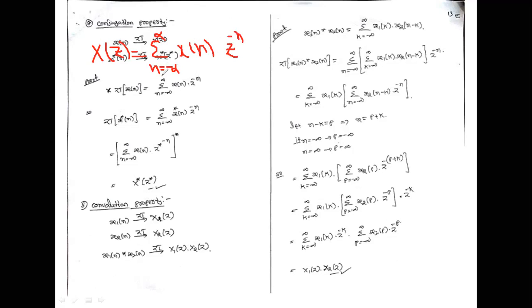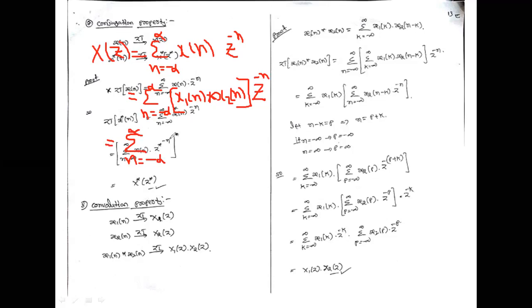So what is the x of n? We are taking the convolution. What is the convolution of the two sequences? The sum of n equals minus infinity to infinity, x of n is x1 of n convolved with x2 of n, z power minus n. Got it? So what is the formula for the convolution in the discrete time function? This is a summation. The sum of n equals minus infinity to infinity.